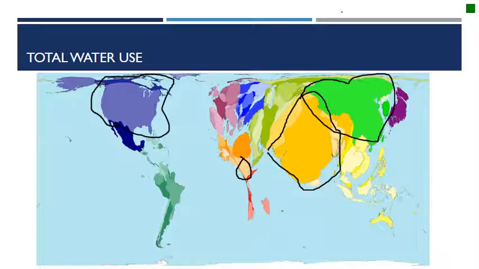India is also another one. And China. These are also the territories that have the most people. But water use per person is about 3 times higher in the US than it is in India and China.